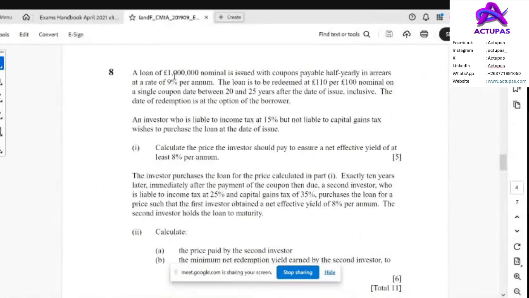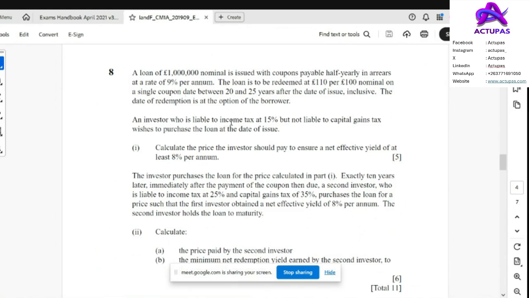It reads, a loan of £1 million nominal is issued with coupons payable half yearly in arrears at a rate of 9% per annum. The loan is to be redeemed at 110 per 100 nominal on a single coupon date between 20 and 25 years after the date of issue inclusive. The date of redemption is at the option of the borrower.